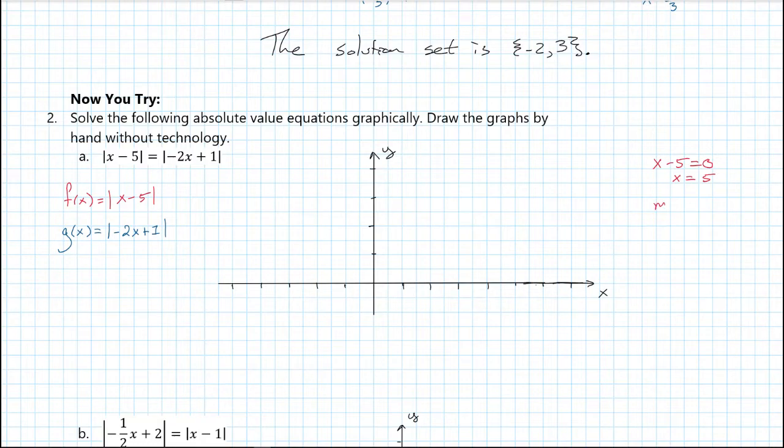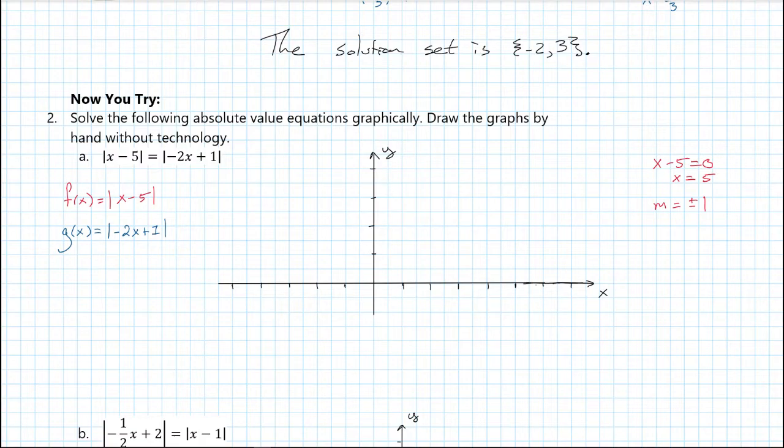And we can also note that the slope for the absolute value should be plus or minus 1. So it looks like I should just have a nice one-to-one scale here at this point.